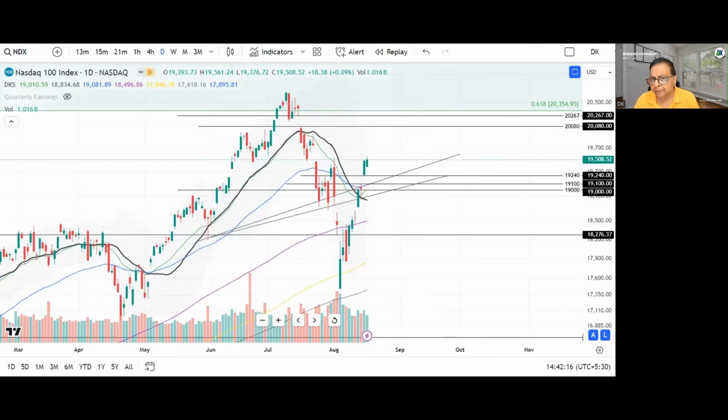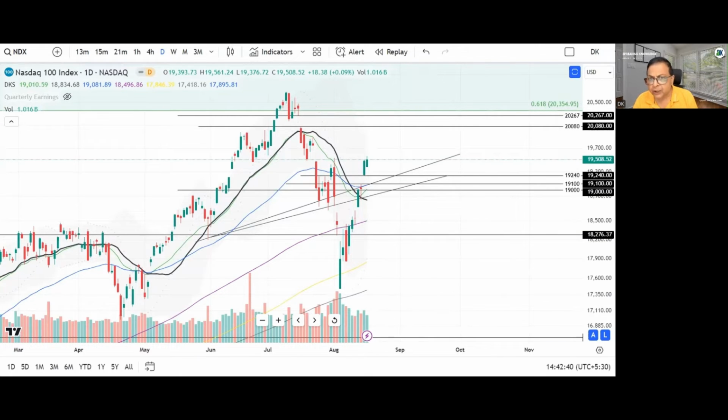Most importantly, if you look at this trend line, price support, price support, price support, price resistance, the zone between these two trend lines, we expected that there would be some kind of resistance. But on the 15th of August, there was a breakout of this trend line with a breakaway gap, with a rise in the volume as well.